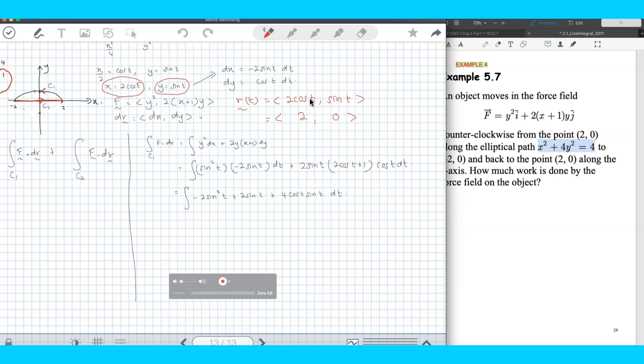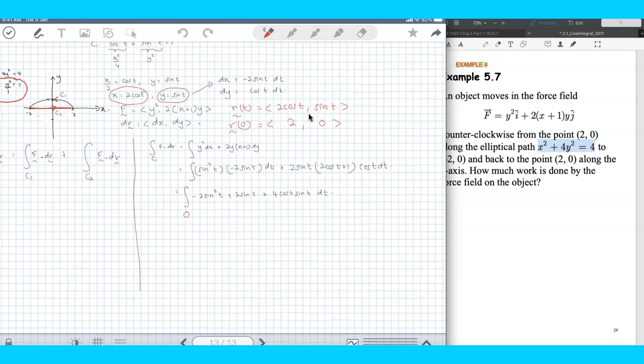It looks like the possible t is t equal to 0, right? So when you have the point 2, 0, your t is at 0. So your initial value is t equal to 0. And then we want it to be minus 2.